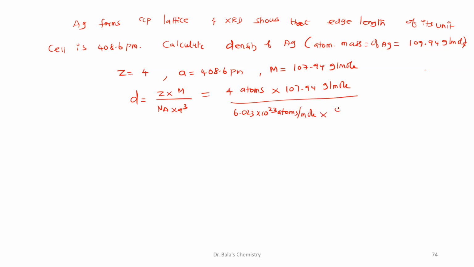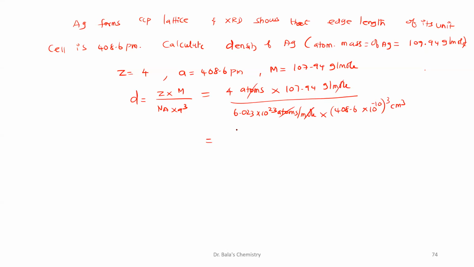A cube is 408.6, the whole cube, into 10 power minus 10, the whole cube centimeter cube. So now we can calculate the density. We can cancel the common things, atoms, mole per mole, both are getting cancelled.